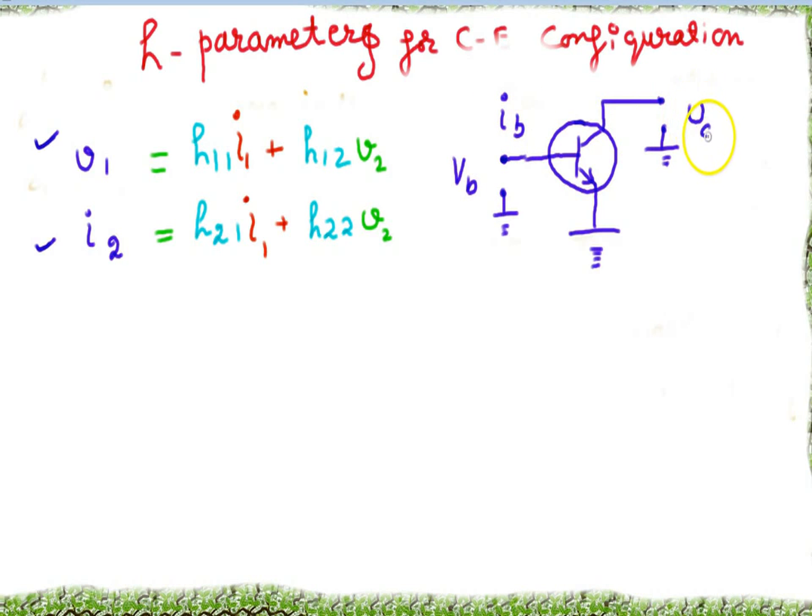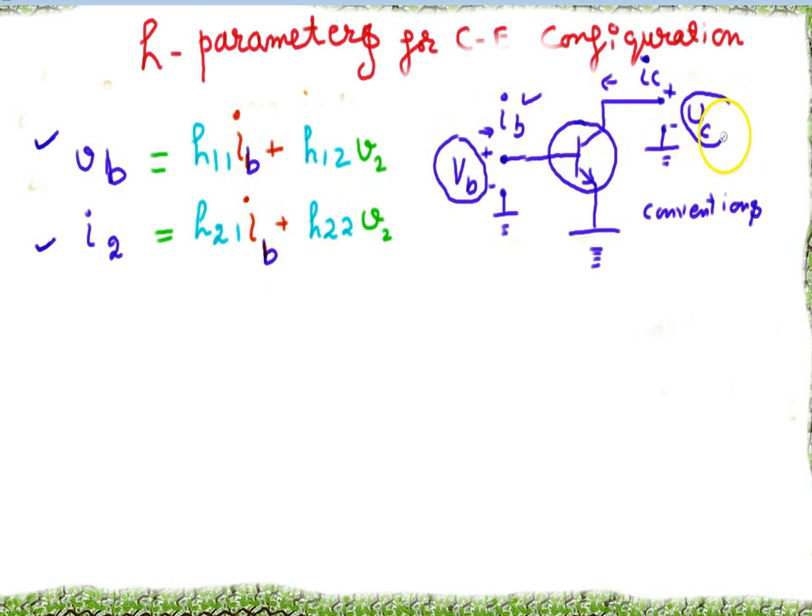In common emitter configuration, input voltage is VB, input current is IB, output voltage is VC, output current is IC. Okay, let us modify the equations with common emitter configuration.